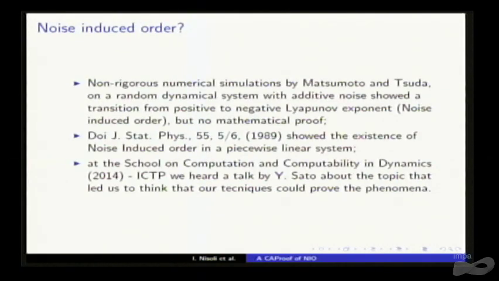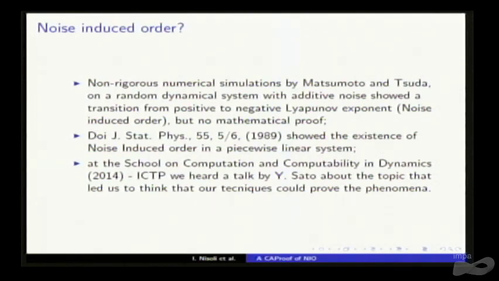So, as a matter of fact, when Matsumoto and Tsuda found this map, they did a lot of numerical studies. They just iterated the map many times, added some random noise, and computed the Lyapunov exponent from the time series generated by the computer.